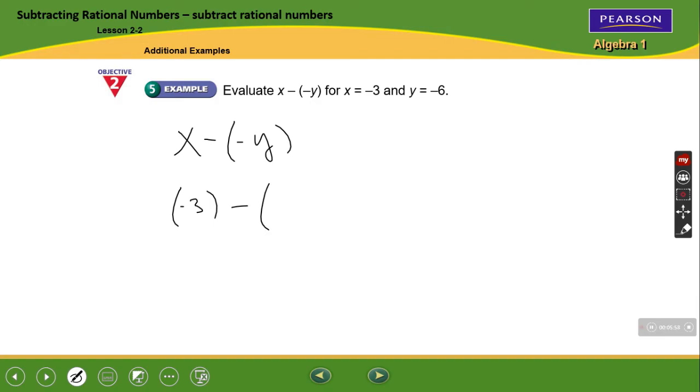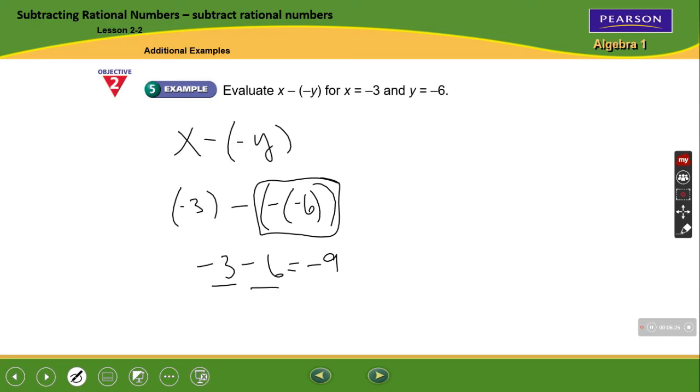So minus a negative 6. Now how many negatives do I see there? I see 3 negatives. Well, these two are going to turn into a positive because I'm subtracting a negative. So that's the same as negative 3 plus 6... rather, negative 3 minus 6, which is the same thing as negative 9, because I'm starting off by losing $3 and I'm taking away 6 more.